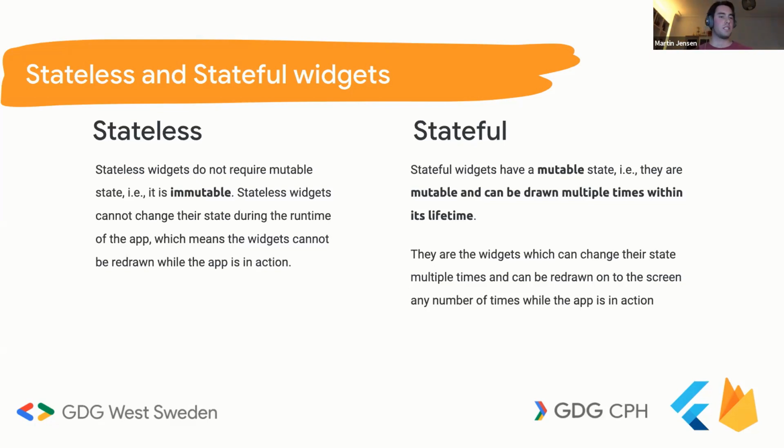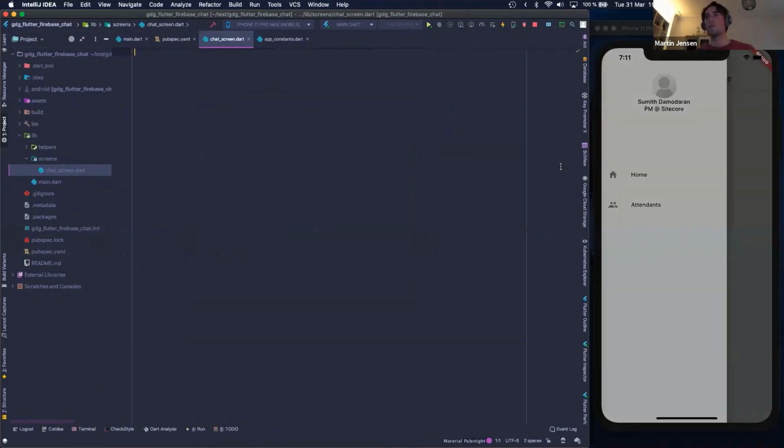Whereas stateful is where you need to handle something and show new changes to whatever UI you have on your screen. So stateless is immutable, and stateful is where you need to handle showing things, such as a chat screen. You have a text field where you input the text, then the text needs to be shown in the text field. So you know that you would need a stateful widget. Therefore, our chat screen will be a stateful widget.